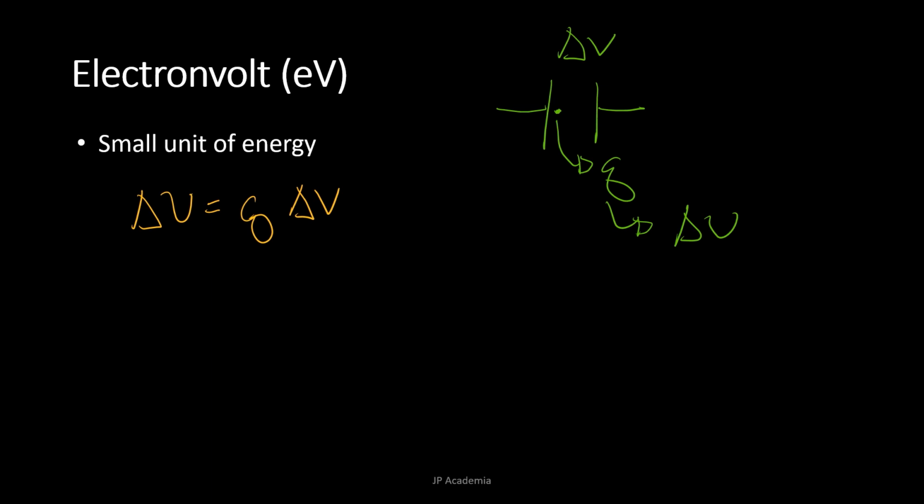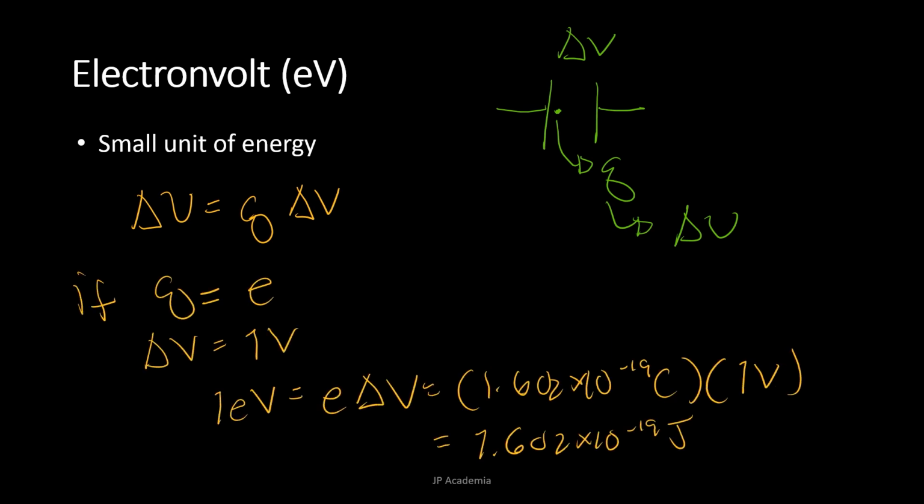When this charge Q has an amount of charge e, which is equal to about 1.602 times 10 to the negative 19 coulomb, and this charge falls through 1 volt, its potential energy changes by 1 electron volt.